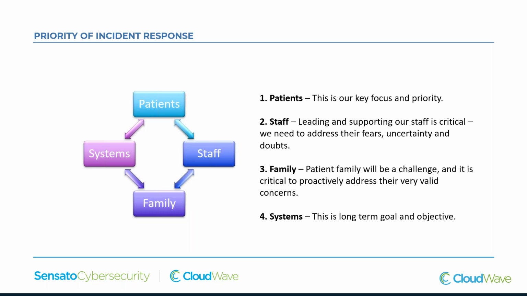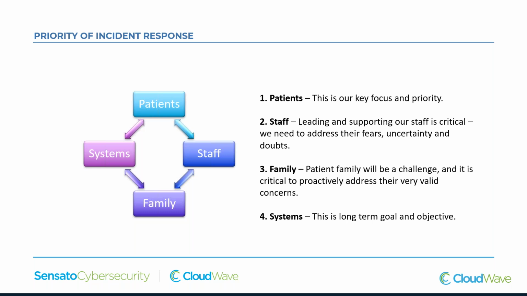Once we've taken care of that, we absolutely have to talk to the families. Word will start to get out that there's communications issues or there appears to be something going on. The messaging that we send to the families can sometimes be very difficult to travel down that path, but it is very, very important to try and allay their concerns and make them understand that their loved ones are being well cared for and well tended to.